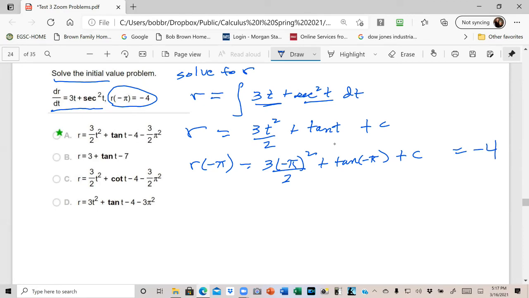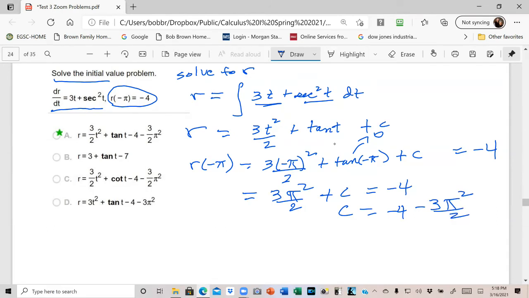Notice that tangent of minus pi is 0, so we get 3 pi squared over 2 plus c equal to minus 4. So c is equal to minus 4 minus 3 pi squared over 2, solving for c.